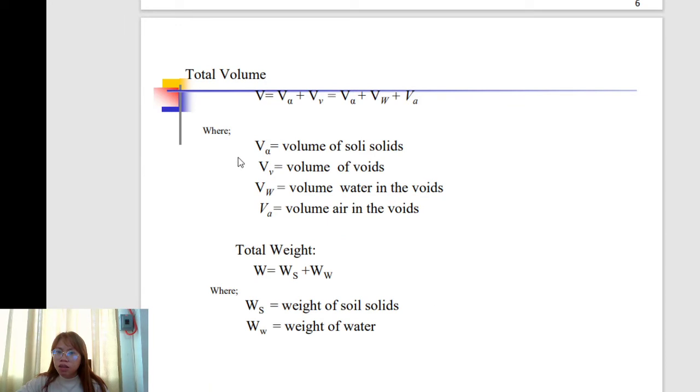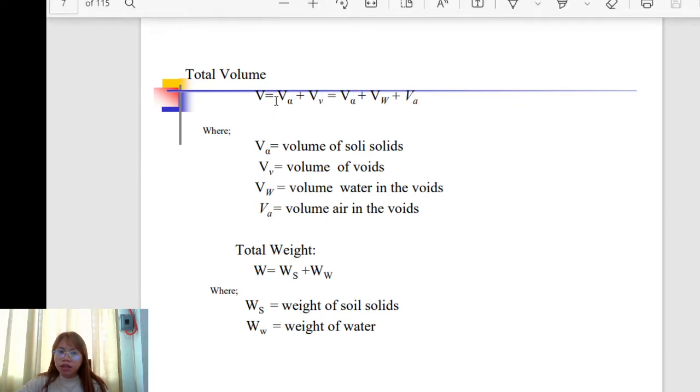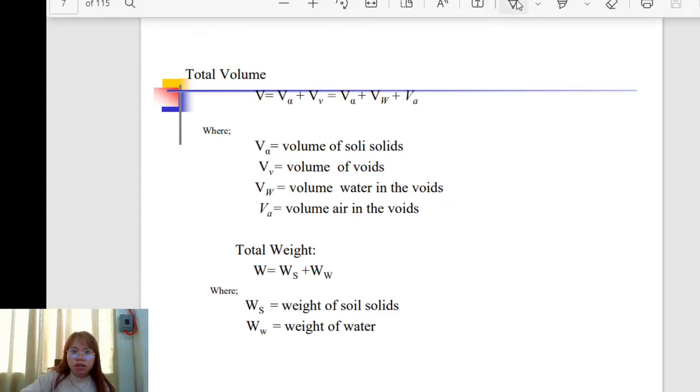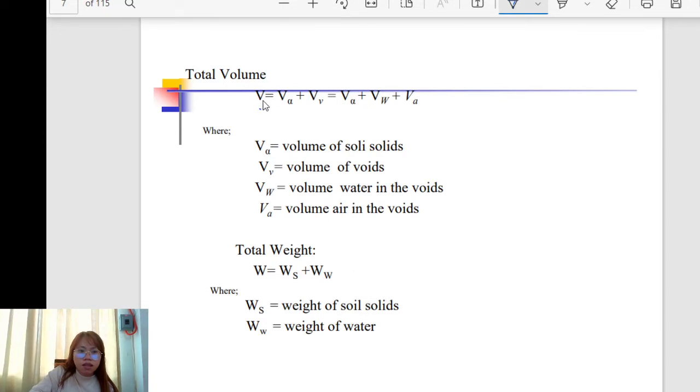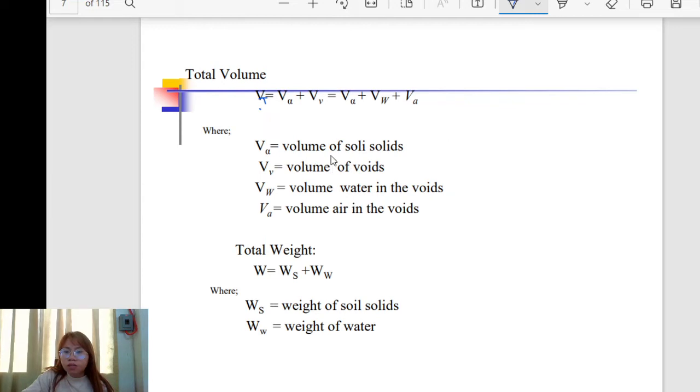Then we proceed to the total volume, which is V sub T. Where V sub S is the volume of the soil solids, V sub V is the volume of the voids, V sub W is the volume of the water in the voids, and V sub A is the volume of air in the voids.